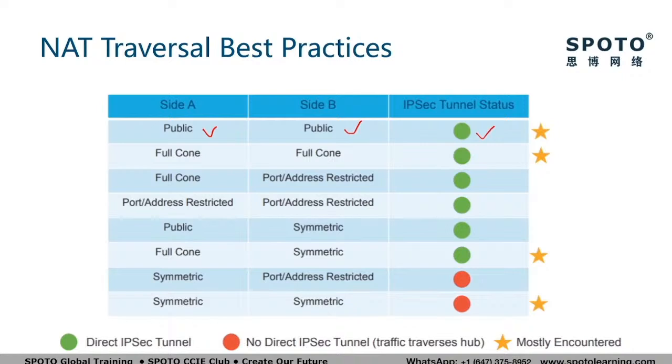Or at side A and side B, they both use full-cone NAT. This is trouble-free as well. Or one side is full-cone and the other side is port address restricted. Or both sides use port address restricted. IPsec tunnel, no problem at all.